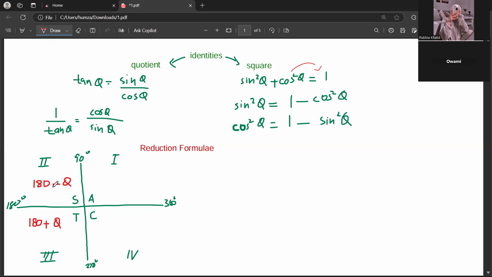Theta is an angle. So 180 minus angle, 180 positive angle, degrees plus an angle. So this 180 minus theta lives in the second quadrant. 180 positive theta lives in the third quadrant. And then we have something called 360 minus theta. And this is in the quadrant 4.